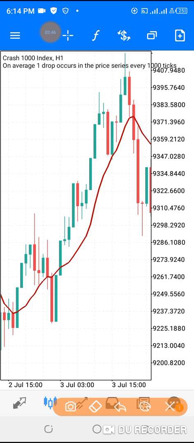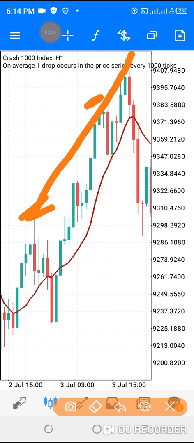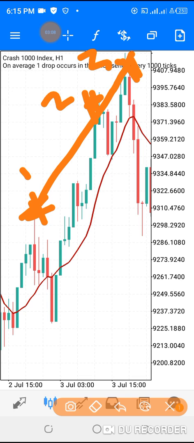You draw a line to indicate where the market hits before pulling back. So this high is here, but this high is higher than this. That's why we call this one the higher high. And this high too is still higher than this. So this is the first, this is the second, this is the third high.